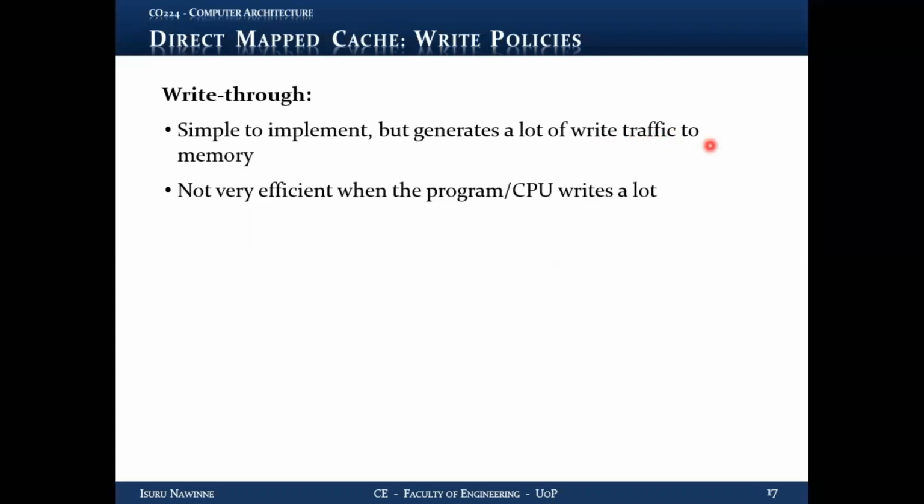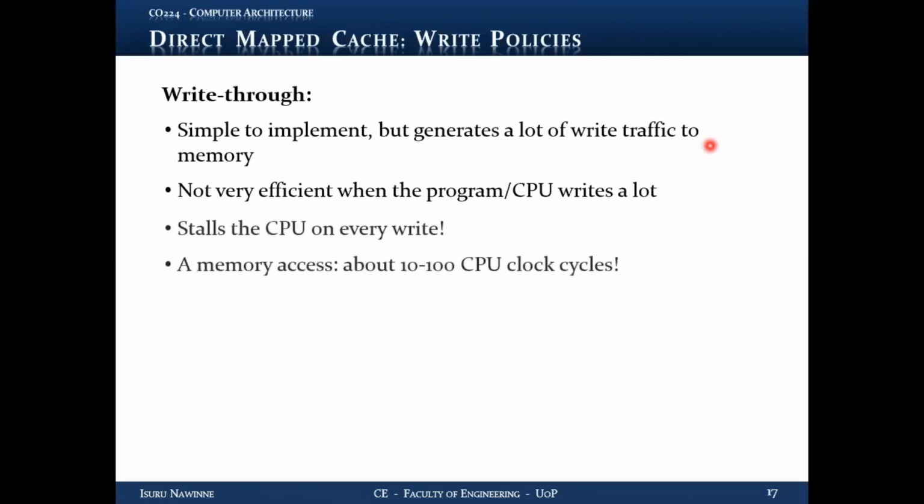It generates a lot of write traffic to the memory, and it takes a long time. And the CPU has to be stalled all this time, right? Every time you get a write access, your CPU needs to be stalled, because unlike a read access, every time you get a write, you go to the memory and you need to wait until the memory operation is completed.